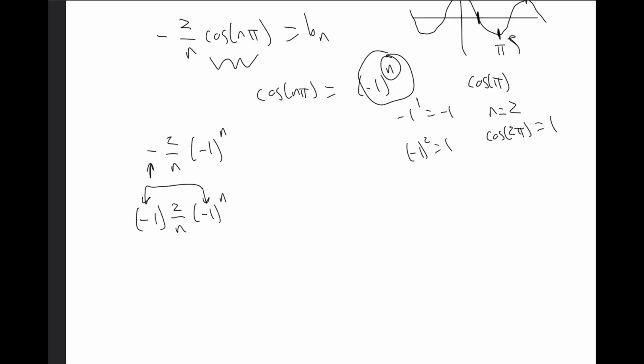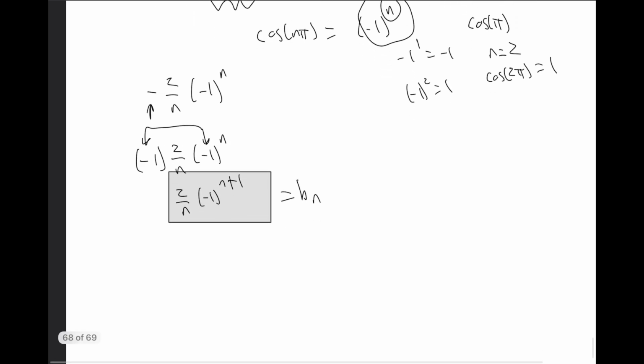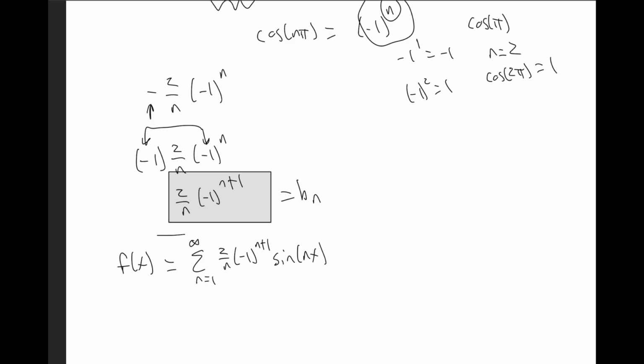So we have 2 over n times negative 1 to the n plus 1, and that's going to be equal to our b sub n. So in total, f of x can be represented with this Fourier series: the sum from n equals 1 to infinity of 2 over n times negative 1 to the n plus 1 times sine of nx. Pretty cool.